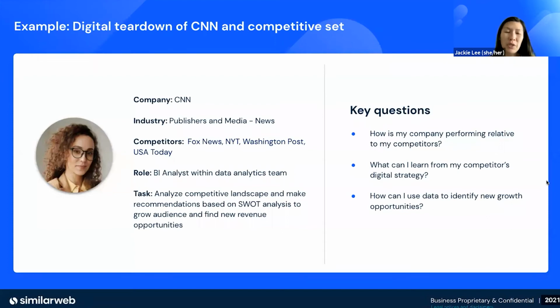The competitors that we've chosen here are Fox News, New York Times, Washington Post, and USA Today. We're not going to necessarily go through this in the SWOT example, but the way in which we chose these competitors is actually a feature within Similarweb.